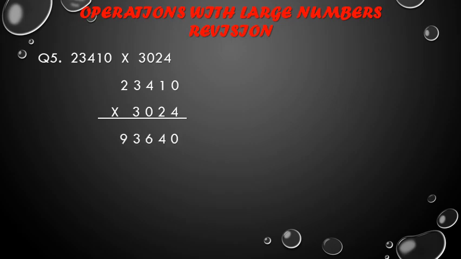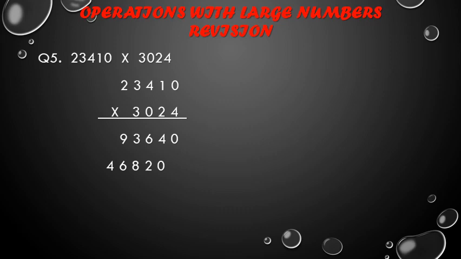And we get the product as 93640. Now, in the next step, we begin the multiplication from the tens place and we multiply 23,410 by 2. And what do we get? We get the product as 46820.